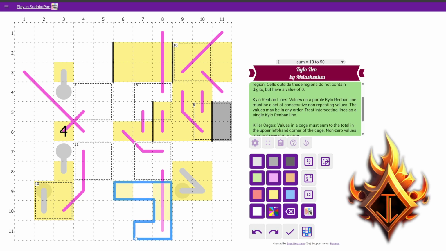This one could go like that. But then both of these would be gray. This one could go like that. Those two could be gray.